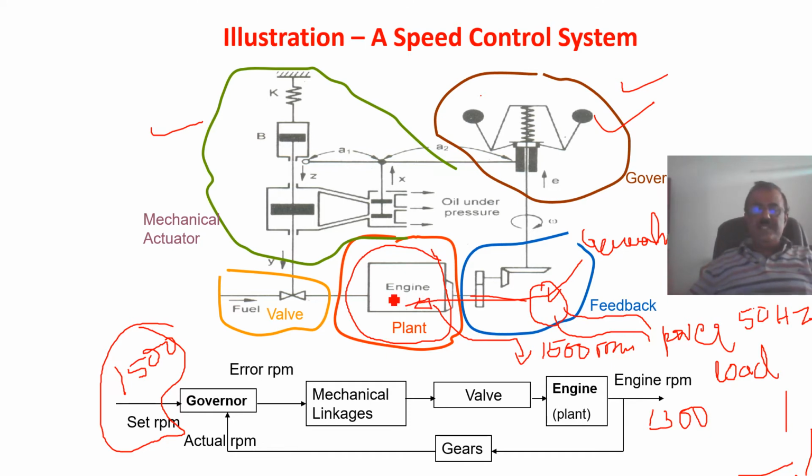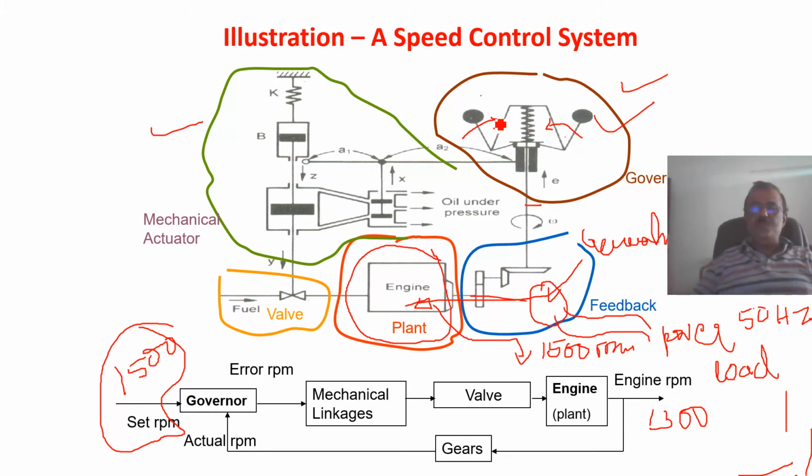We have used a gear train system to drive this governor, so as the shaft speed decreases, the centrifugal force decreases.